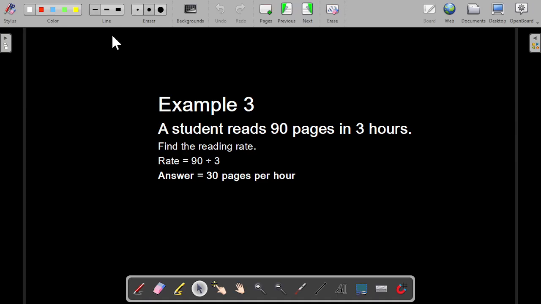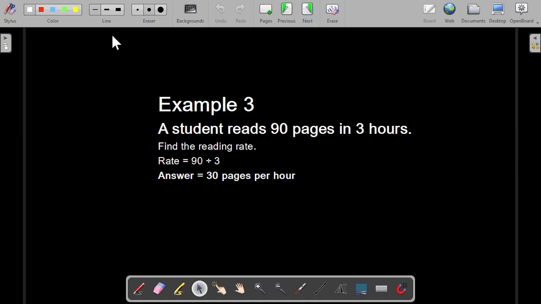What you do is to find the rate of the reading. The rate is 90 divided by 3, because it is 90 pages in 3 hours. So for you to get what happened in each hour, you divide the amount of pages he read by the hours. Therefore, it will give you 30 pages per hour.